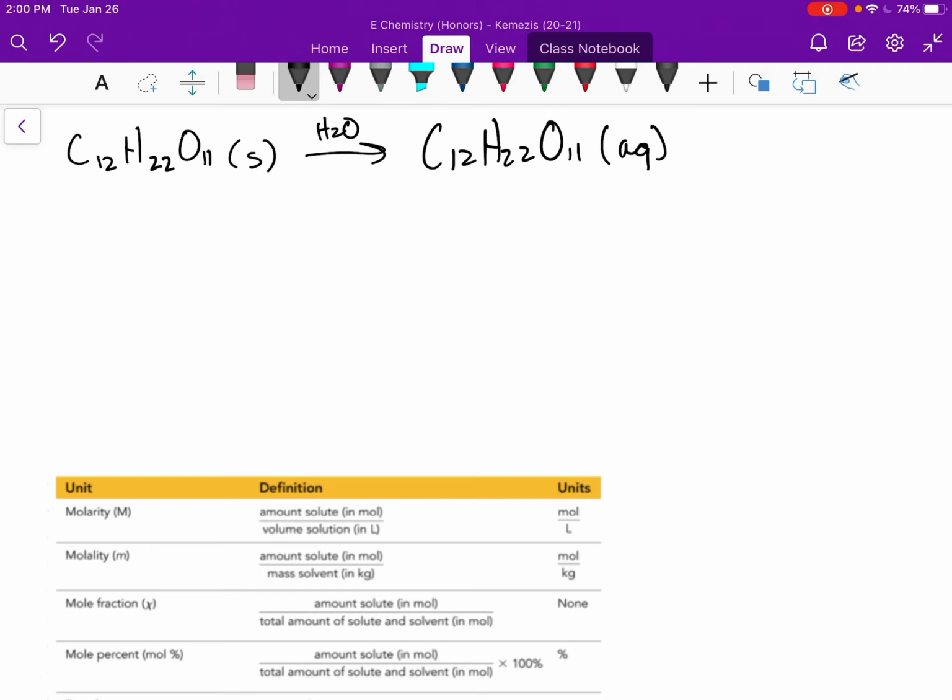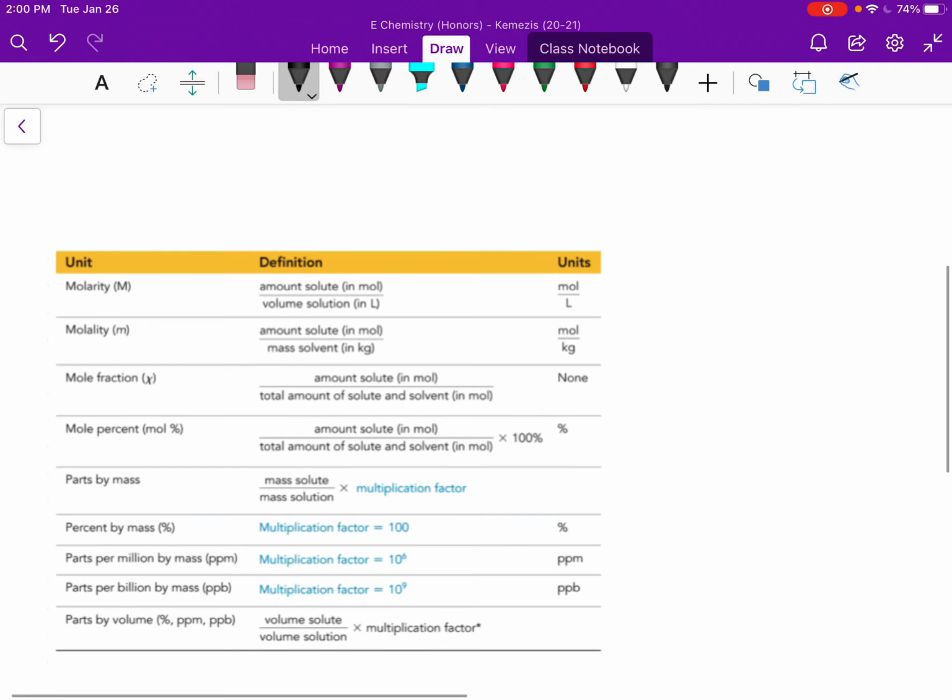So looking at this, this is a chart of different concentration units, okay? Just like mass has different units, grams, kilograms, ounces, pounds, right? There are different units we have for different measurements. Concentration is the same thing, okay? And there's a definition. Most of our concentrations are calculations, okay?